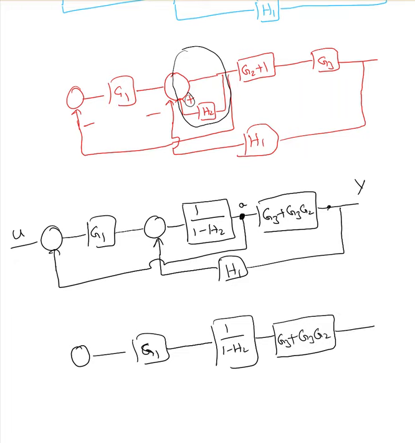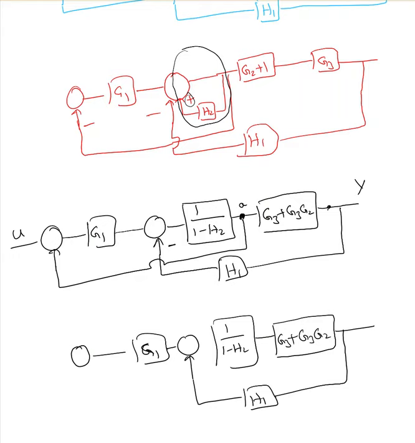Now I'm going to move the takeoff point here to here. At the same time, I have h1, so let me put the h1 here. That h1 looks like negative feedback, so that's a negative feedback.